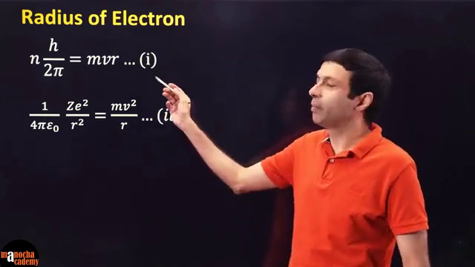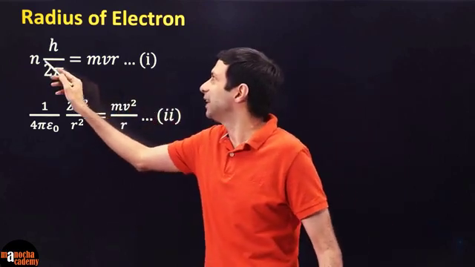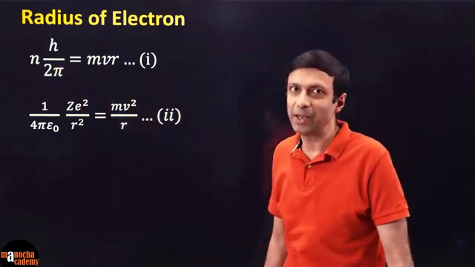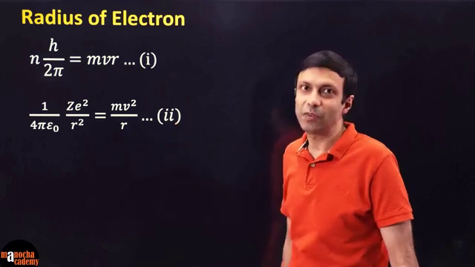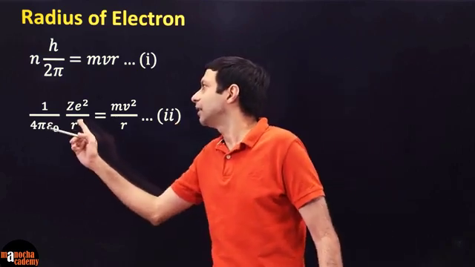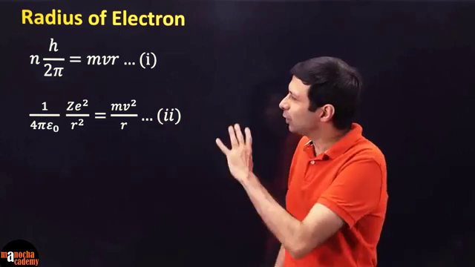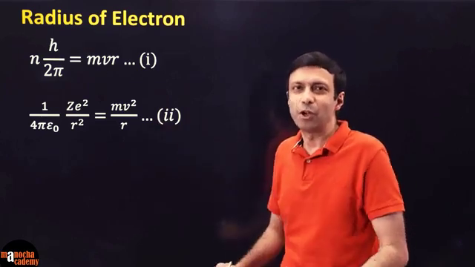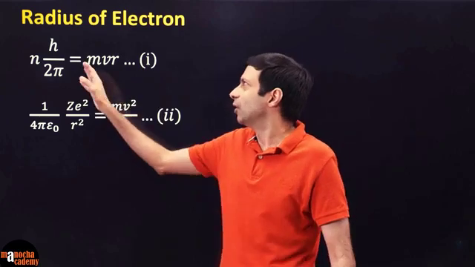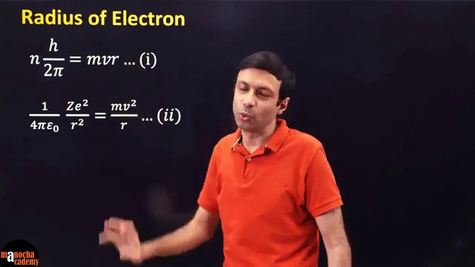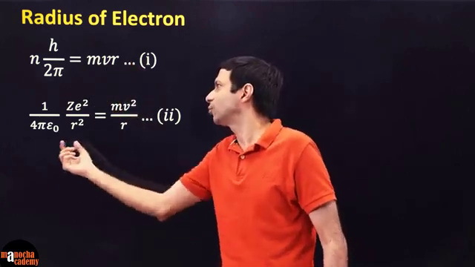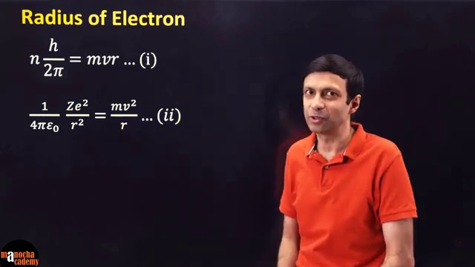The first equation, remember, angular momentum is integer multiples of h by 2 pi. And the second equation, how did we get it? By equating the electrostatic force to the centripetal force. I know these formulas look a little complicated, but don't worry, the concepts are very simple. You're equating angular momentum to nh by 2 pi, and here electrostatic force equal to your centripetal force.